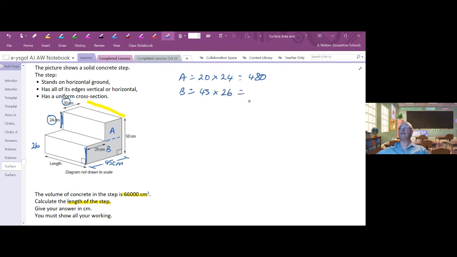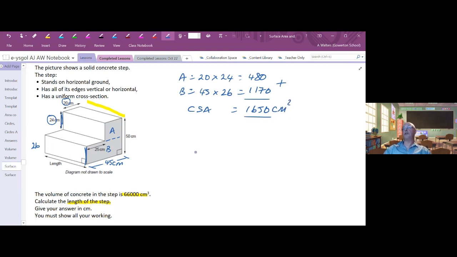So I'd have a look at that very carefully. It's 1170 centimeters squared. So I'm adding up A and B, show that add up sign. So the total cross-sectional area is equal to 1650 centimeters squared.